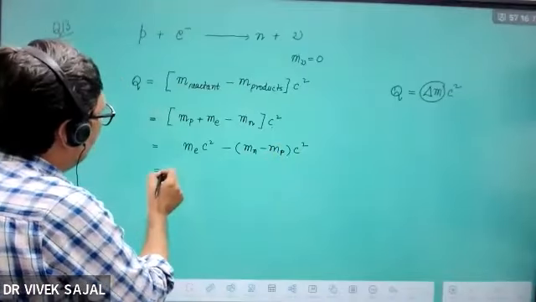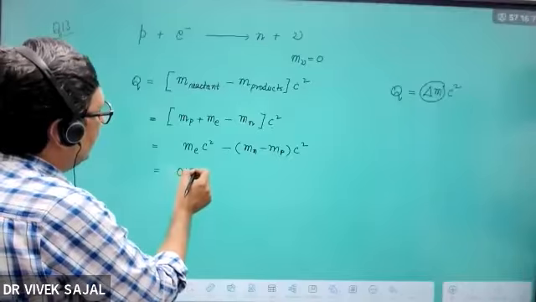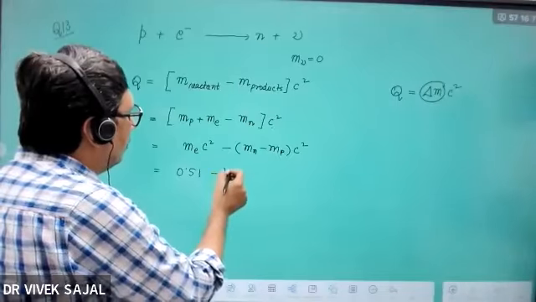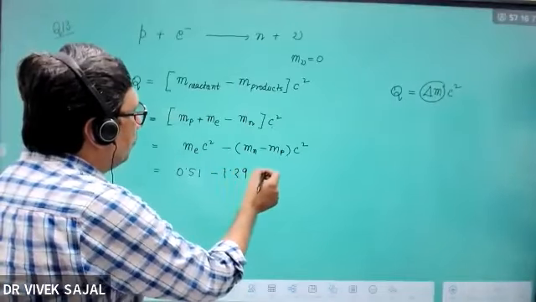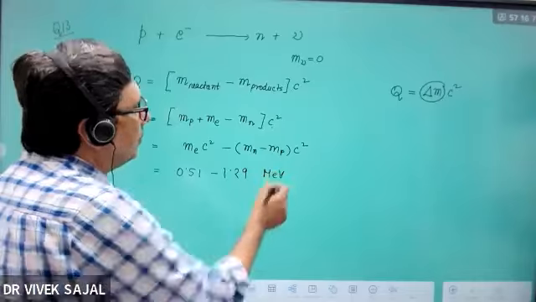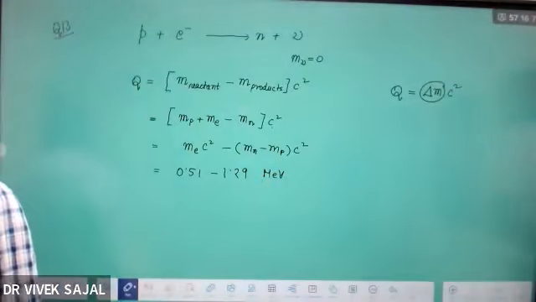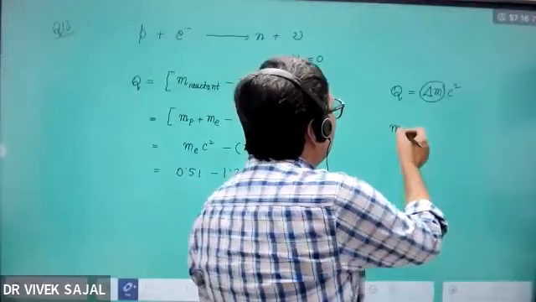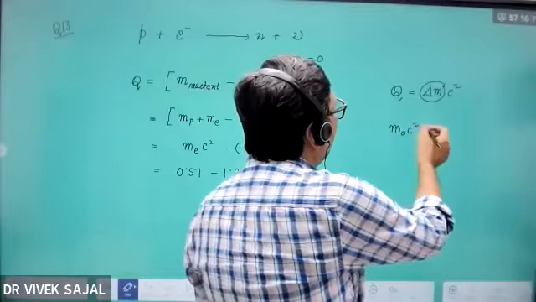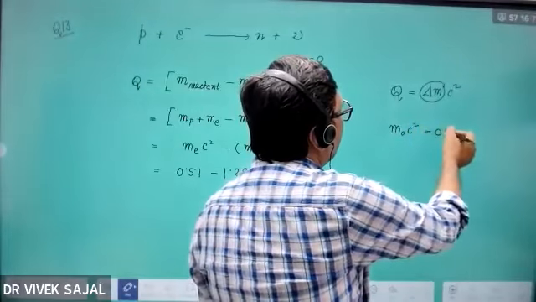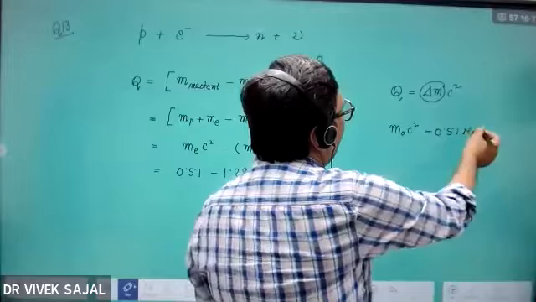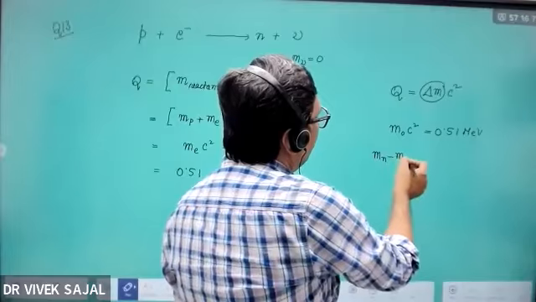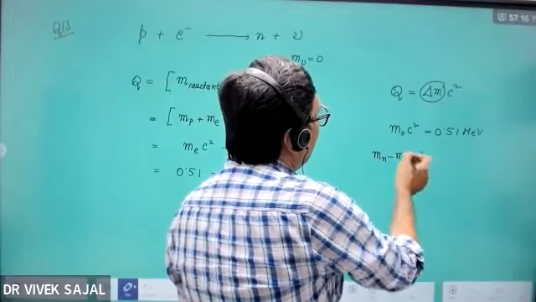This is 0.51 MeV. And what is this value? That is 1.29 MeV. Both are in MeV. So remember these two values: the rest mass energy of the electron, which is 0.51 MeV, and the difference, mass of neutron minus mass of proton. Many times in nuclear physics you use this.